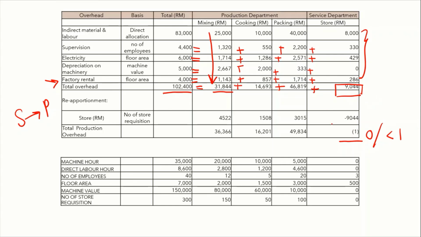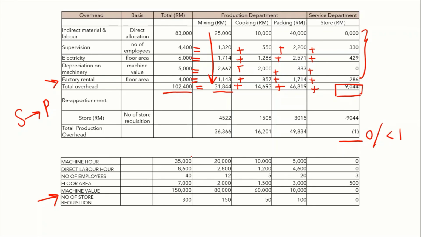But how do you gain those amounts? The same as before, you use the base of allocation.